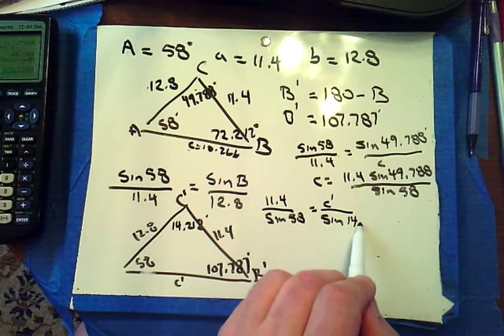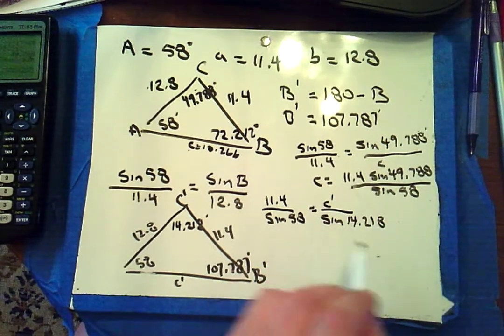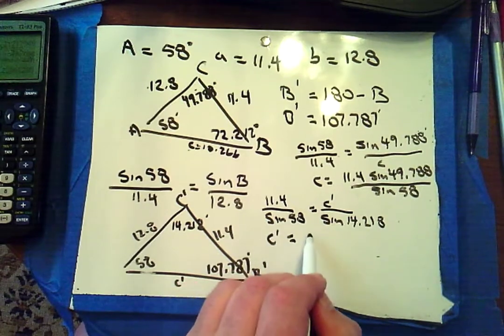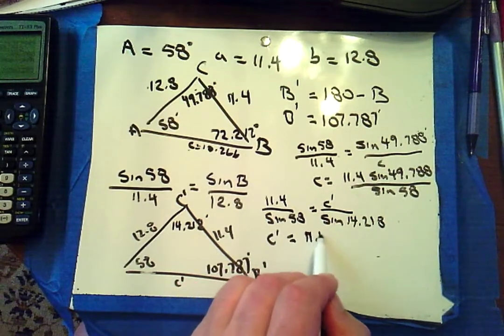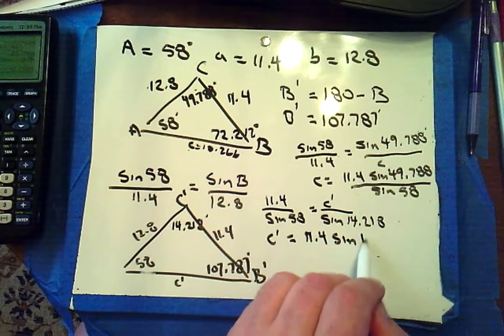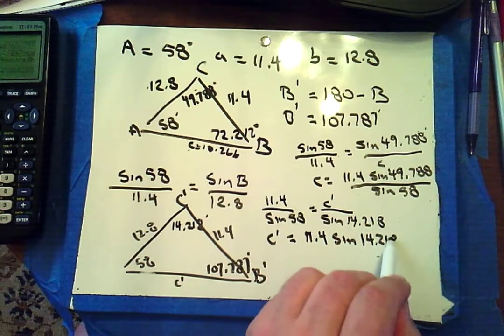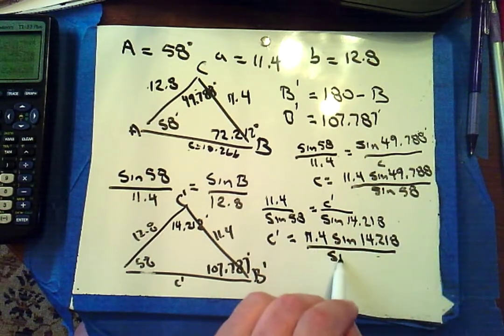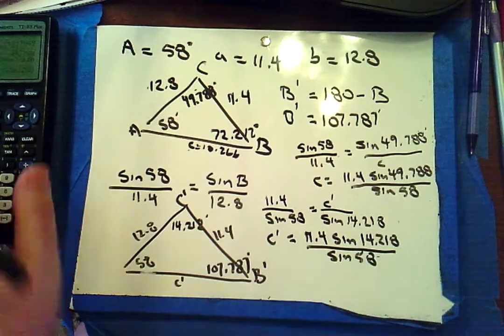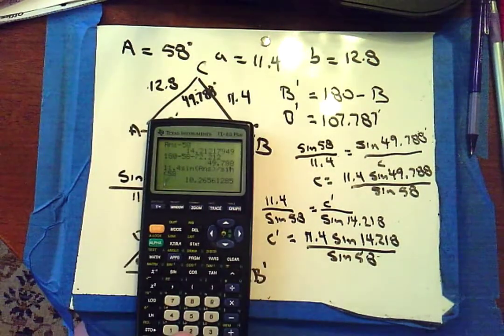and now for this one, how about 11.4 over sine of 58 equals little c prime over sine of 14.218. So little c prime then would be 11.4 sine of 14.218 divided by sine of 58. Let's take a look at what that'll be.